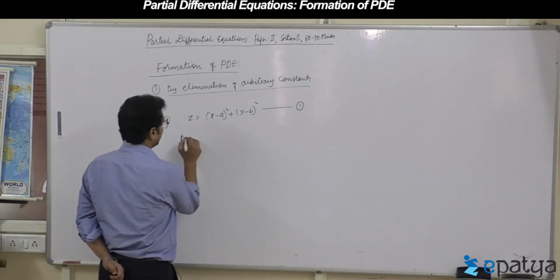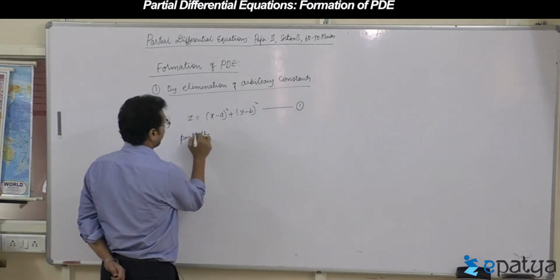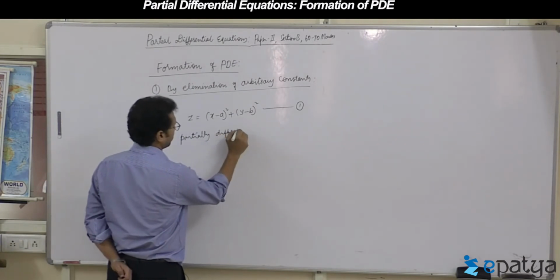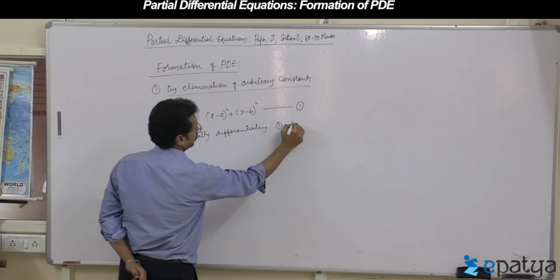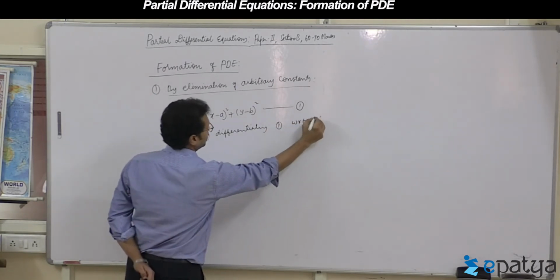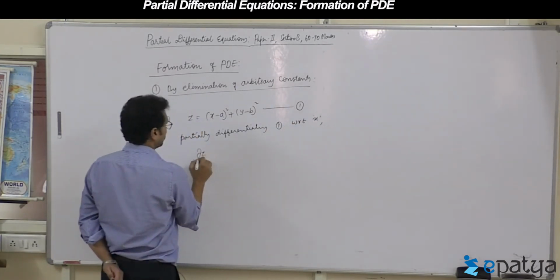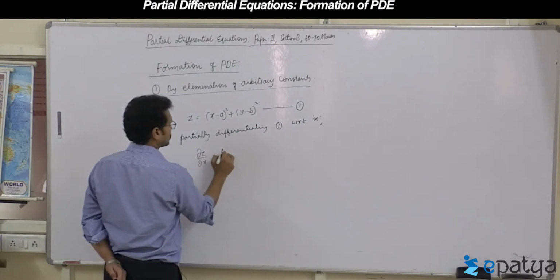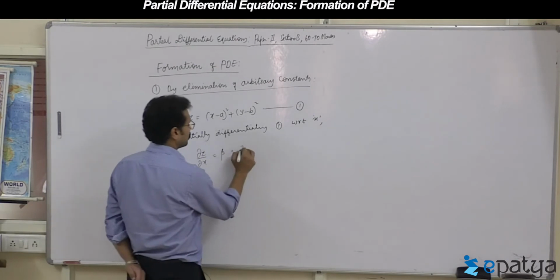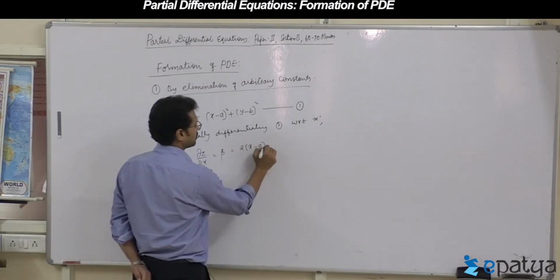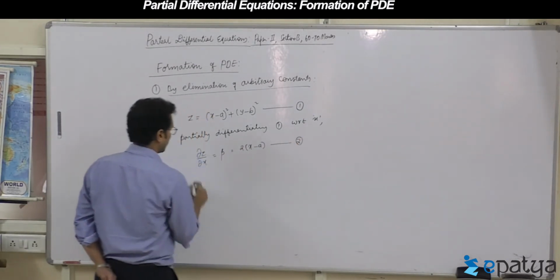So partially differentiating 1 with respect to x, we get dou z by dou x, which we can immediately write as small p, equal to 2 times (x minus a), equation number 2.